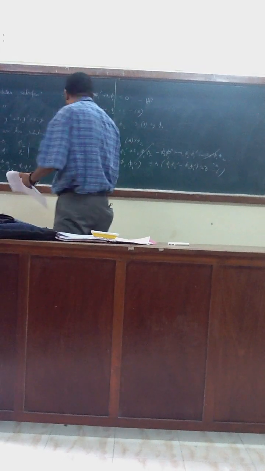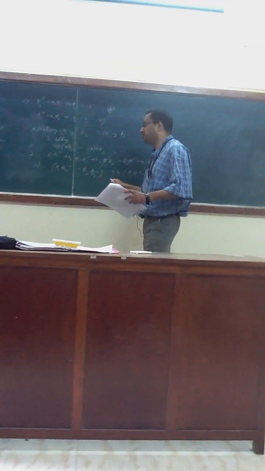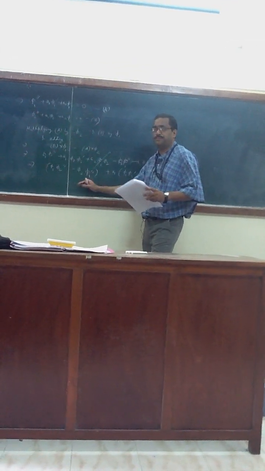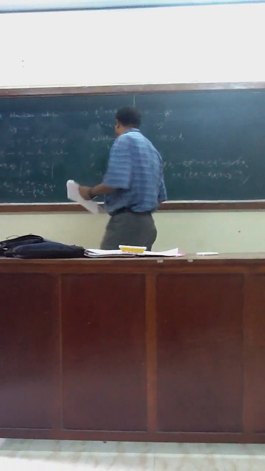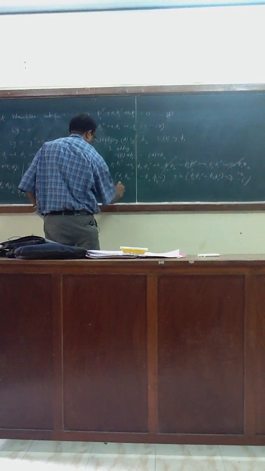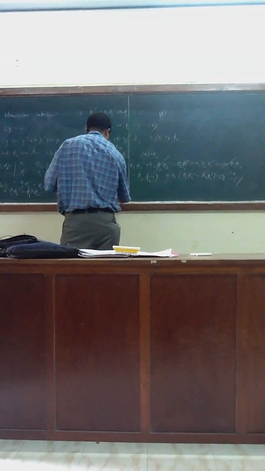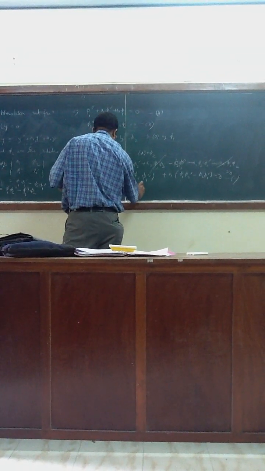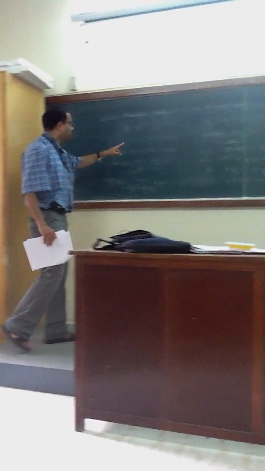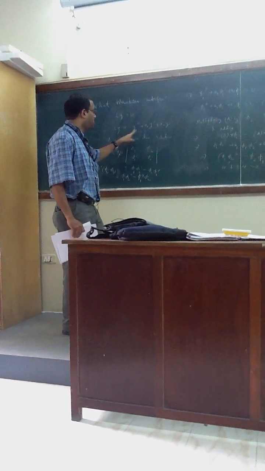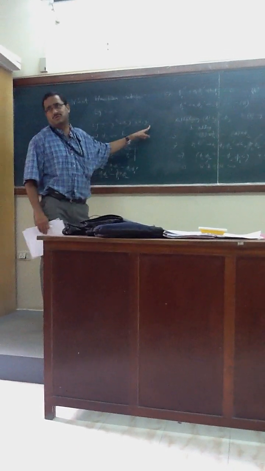So if you now look at, very interesting, this is coming as W prime, right? And this is a1 W, right? So this is W prime plus a1 W equals 0. So now you can see which differential equation W satisfies. My original differential equation was y double prime plus a1 y prime plus a2 y equals 0.